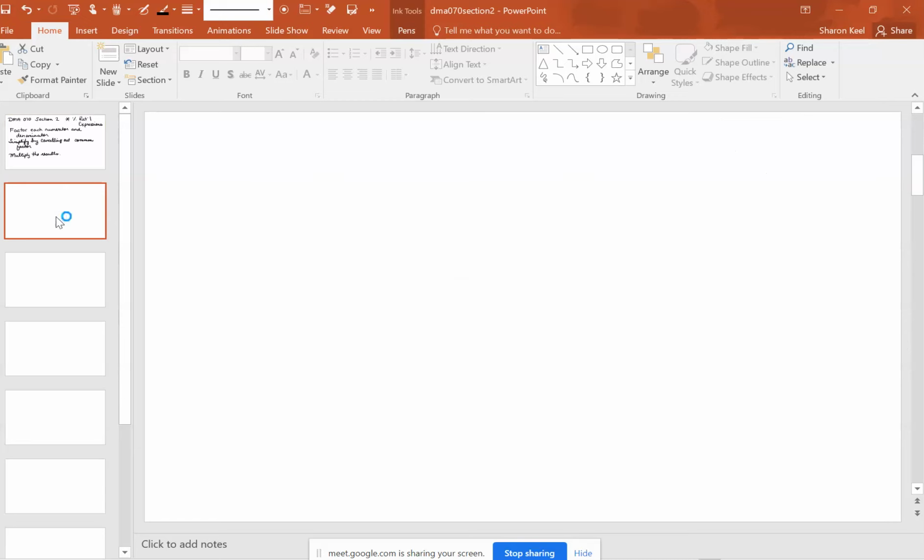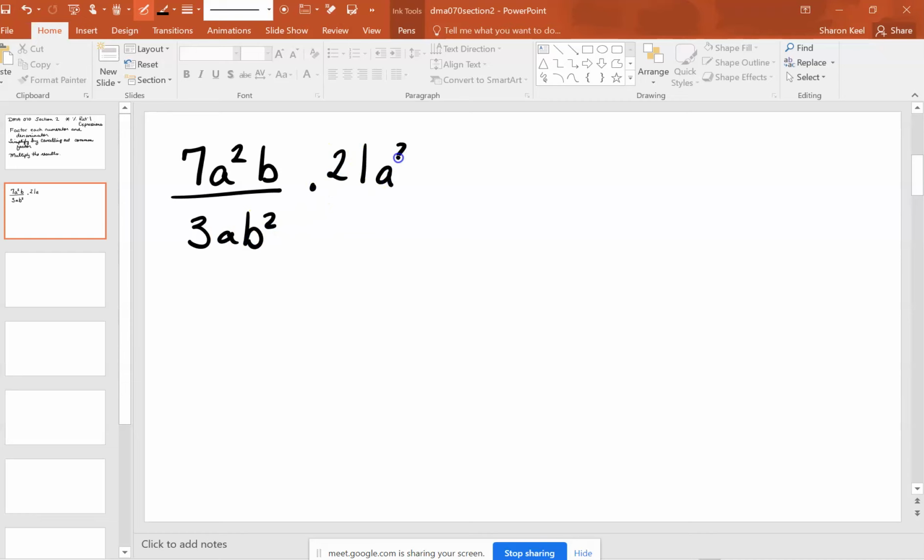So, we're going to start with a problem where we're not really going to do a lot of factoring per se. We are actually going to do our multiplying first and then simplifying.